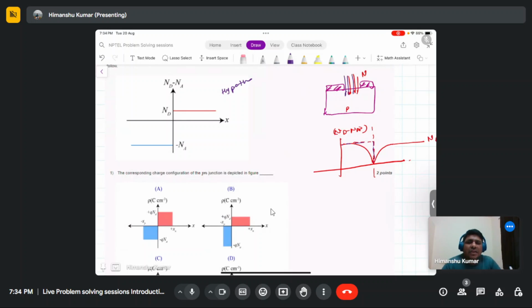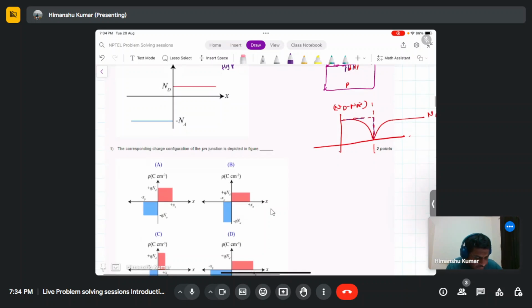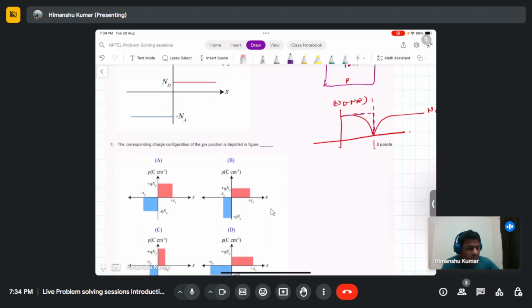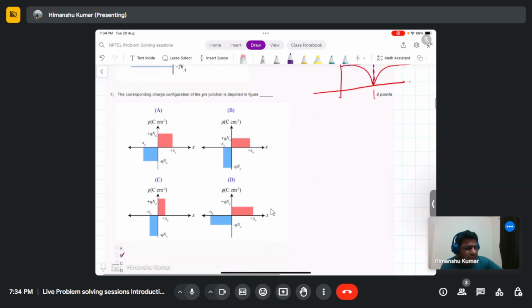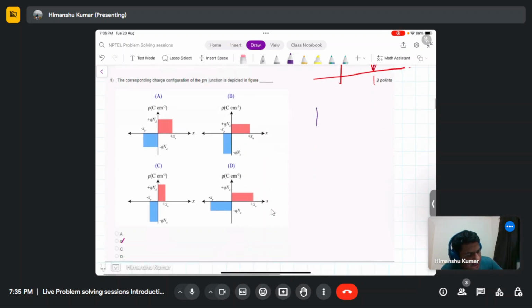You can get a very good conceptual understanding with this kind of simplified doping profile, so that you don't have a lack in the basic understanding. With this kind of doping profile, you have uniform doping in the N side and uniform doping in the P side.